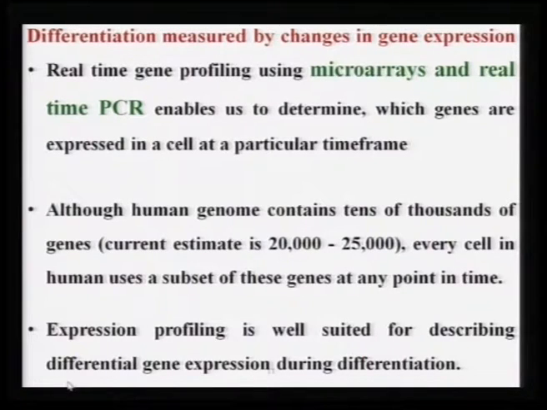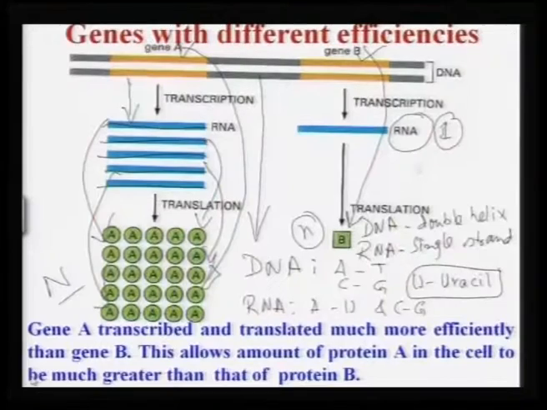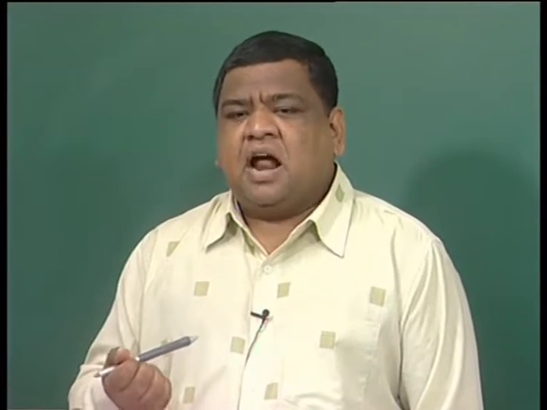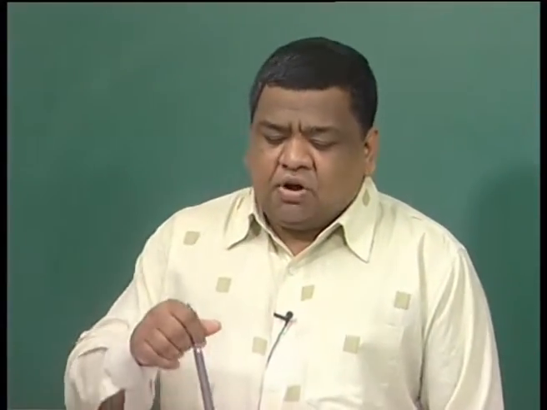Now, real time gene profiling. As I said earlier, although gene A and gene B are contained within the same DNA, they can have different efficiency. Efficiency here is measured in terms of how many protein molecules the gene can finally synthesize.